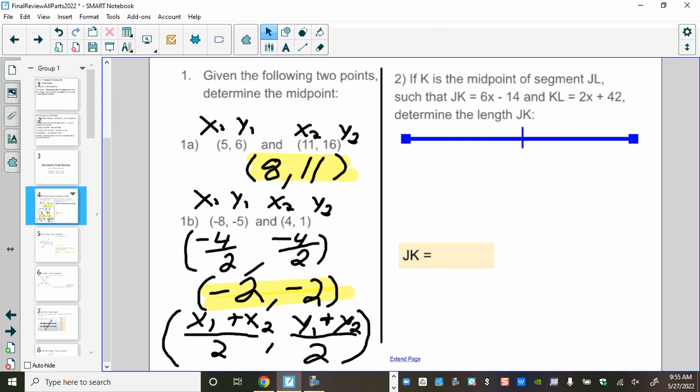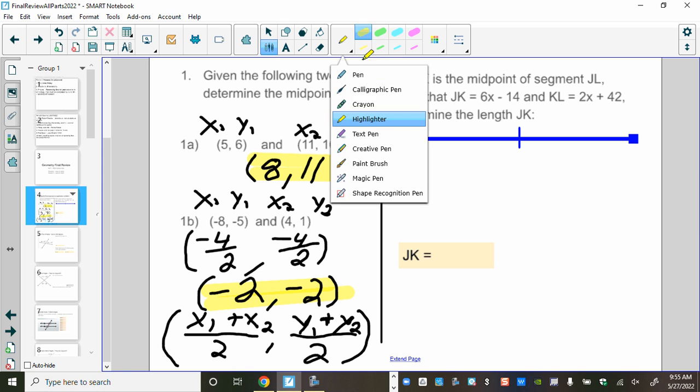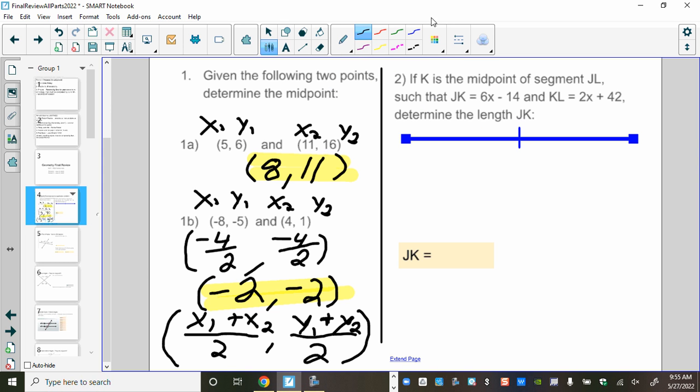Now, this next one. What's going to happen is, they said K is the midpoint between J and L. So K is the midpoint, so K has to be here. Now, we did a very similar problem last time.